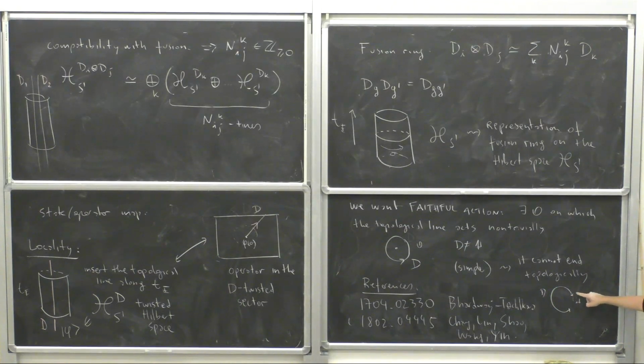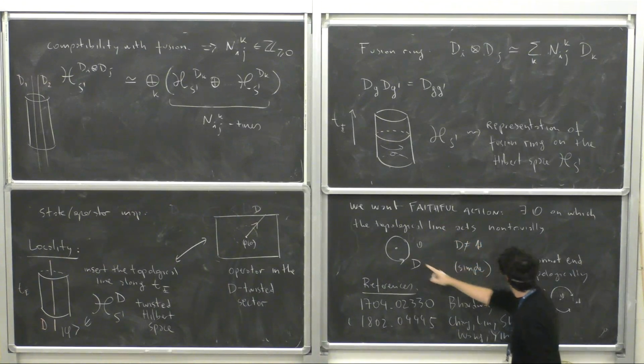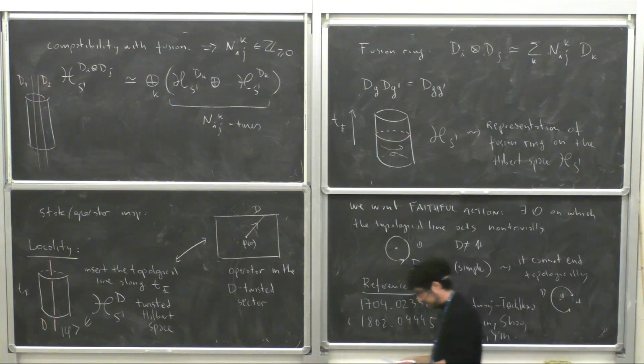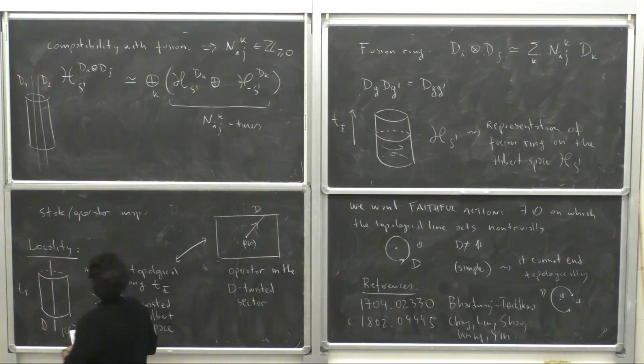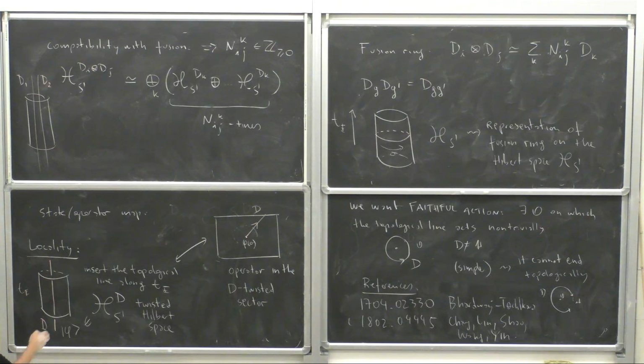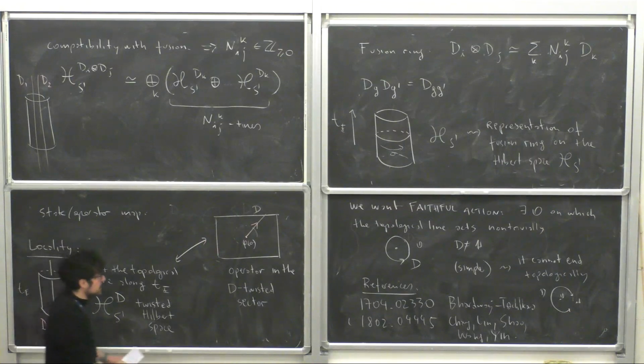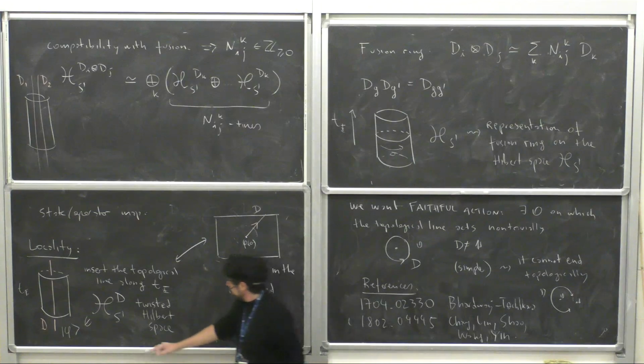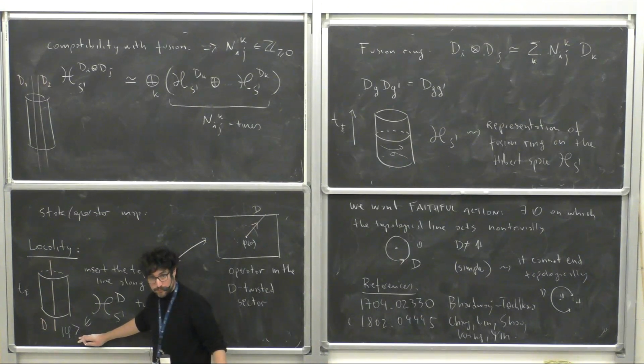If a simple line can end topologically, then we can take the operator, end the line, open it, move it, and remove it. No? So the fact that the action is faithful means that this is not happening for simple lines. And in general, this means that these twisted Hilbert spaces, when we construct them, will be non-trivial. No? Because there is always at least an operator which transforms non-trivially, and therefore we will have some elements here.